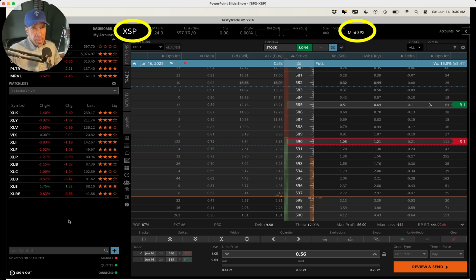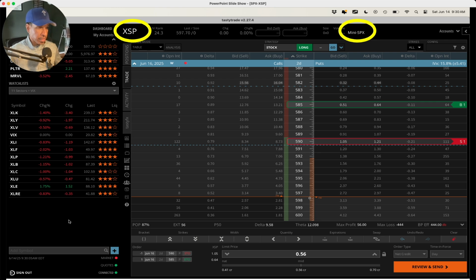And yes, the mini SPX is not as liquid as the SPX, but nonetheless, I have not had any issues, because I do trade the mini SPX. Although my account is greater than 50K, I still trade the mini SPX because my thing is risk management first and foremost, versus looking at how much money I can make, right?